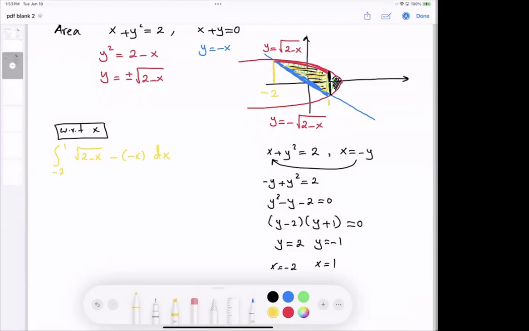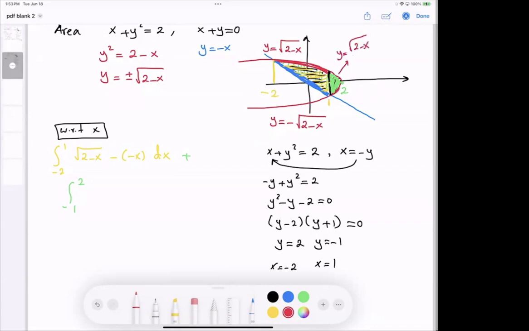Then to find the second portion, let me write this down, I'm using this portion plus the integral from 1 to 2. The top function, as you can see here, is y equals square root of 2 minus x.